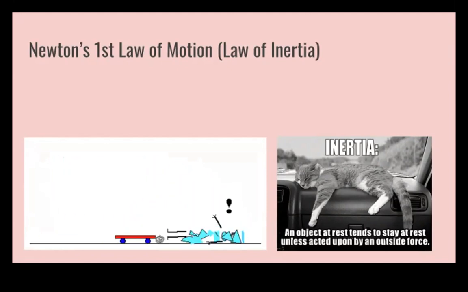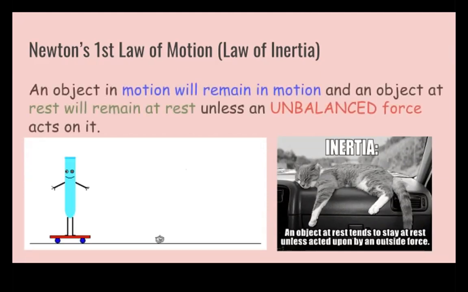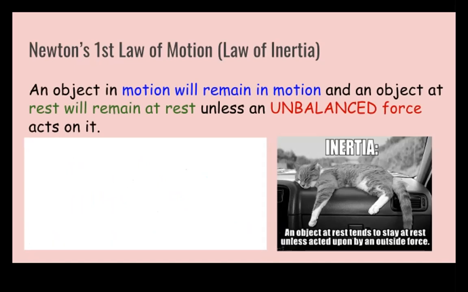Now you could be at rest and you are going to stay at rest until something forces you to change it, okay? So we have to have both in our description. An object will remain in motion and an object will remain at rest unless an unbalanced force acts on it.